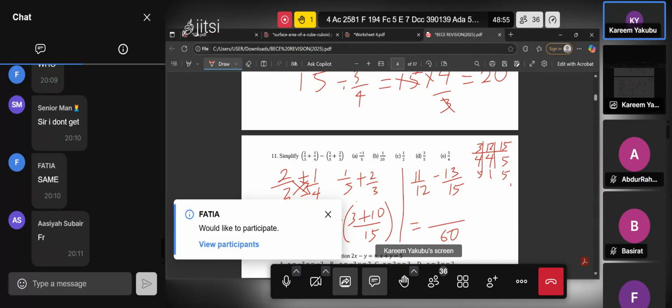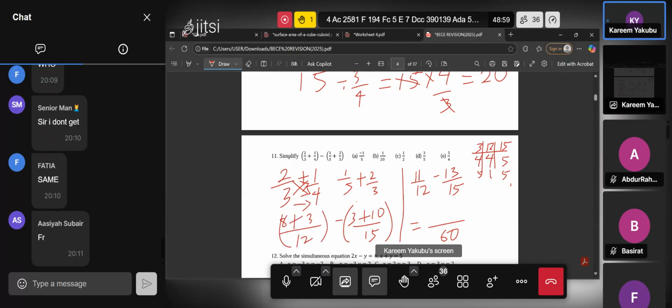All right, 60. So 12 in 60, that is 5. 5 times 11, 55. Minus 15 in 60, that is 4. 4 times 13, that is 52. So this will give us 3 over 60. That will give us 1 over 20. That is option B here.